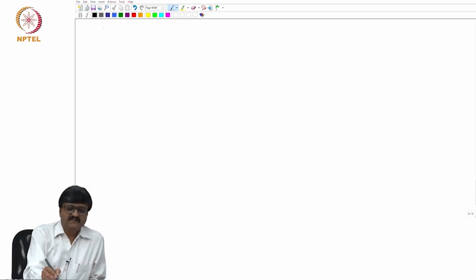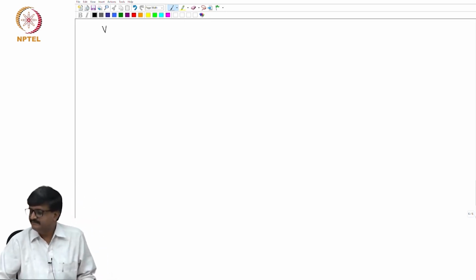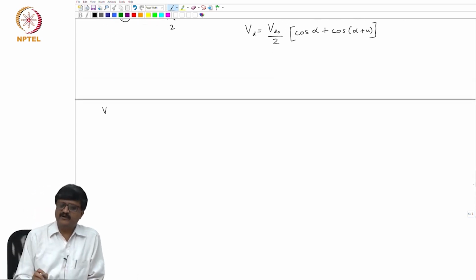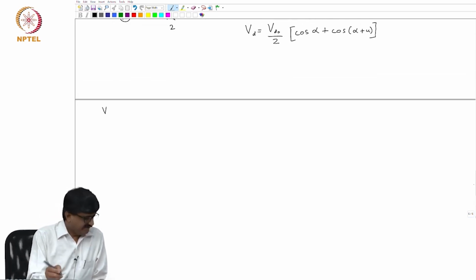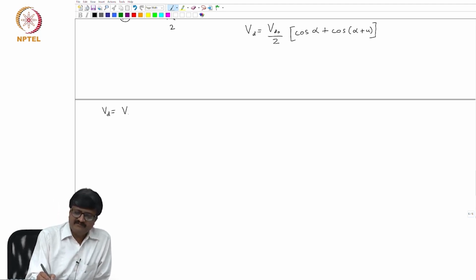Since I am just going to the next page, I will use this expression Vd equal to Vdo by 2 into cos alpha plus cos alpha plus u. So, without inductance, that is when L is 0 or u is 0, the expression is Vdo cos alpha.